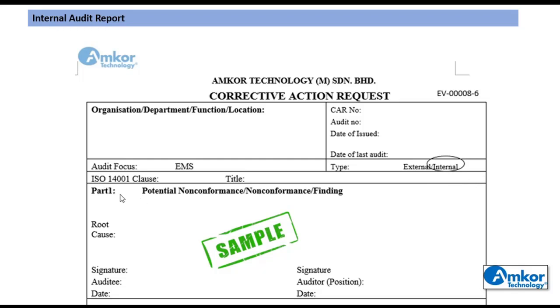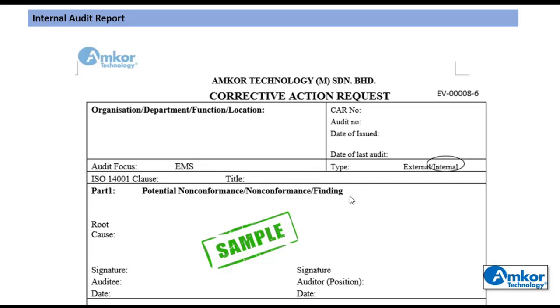And then what's the issue here? Potential non-conformance. It means you already do it correctly, but there's a step in the process which, if you don't follow, you might have a potential non-conformance. Or you already made a mistake, a non-conformance.